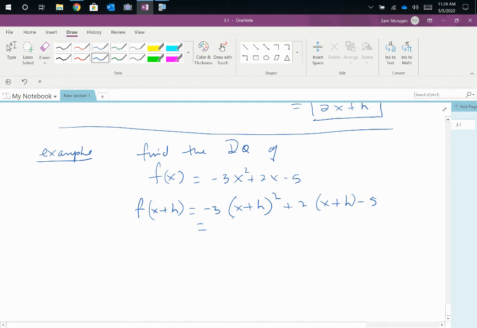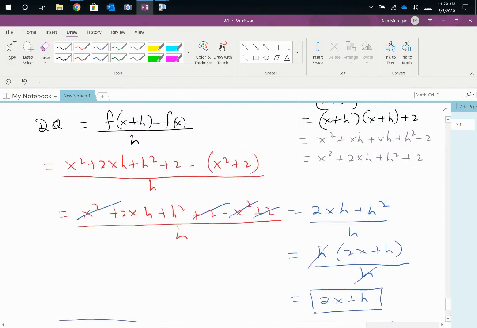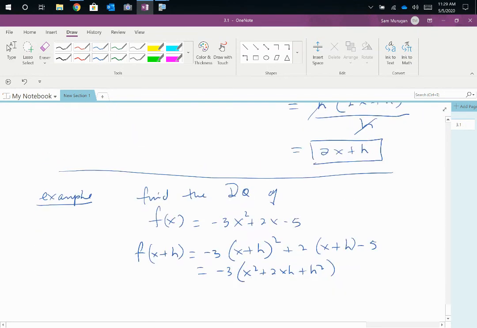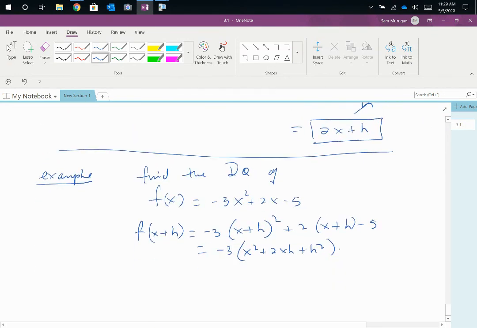From the previous example, we know what (x plus h) squared is. It's x squared plus 2xh plus h squared. Okay, we know that from up here. Plus 2x plus h minus 5.